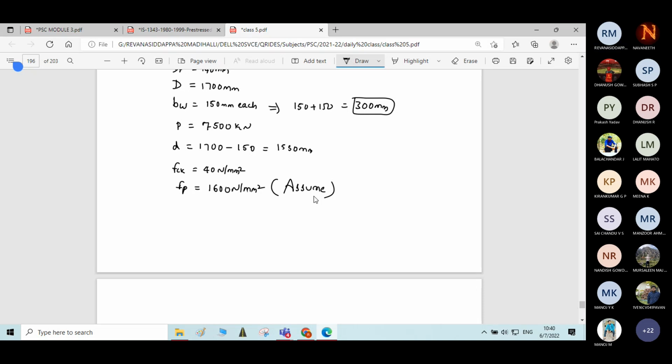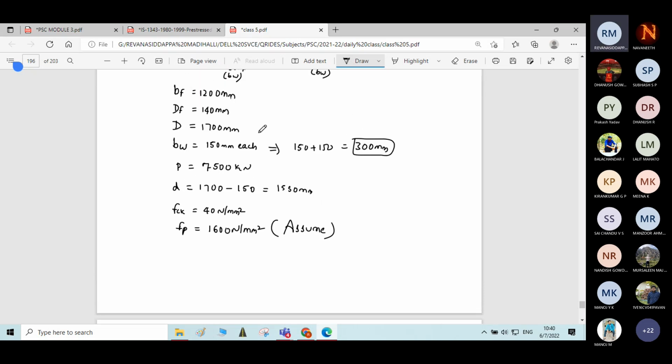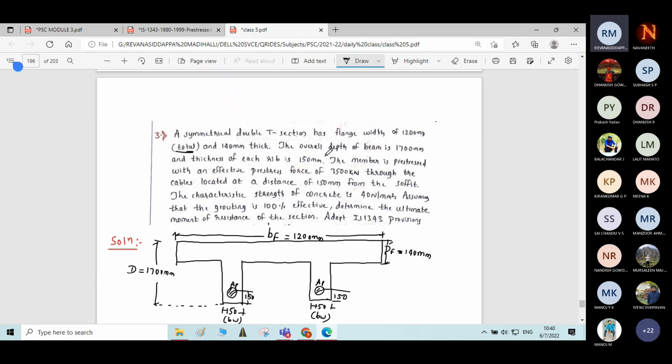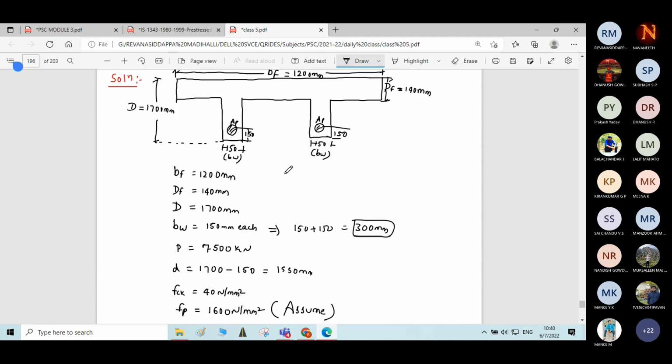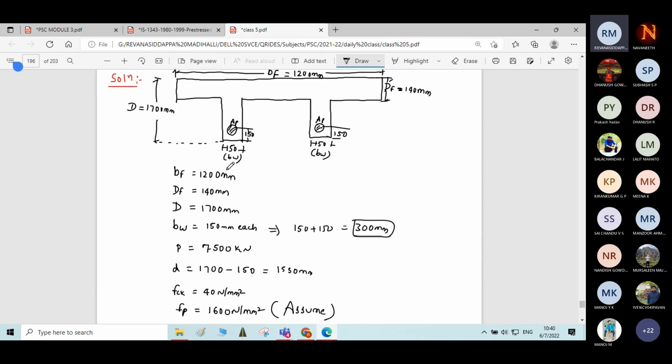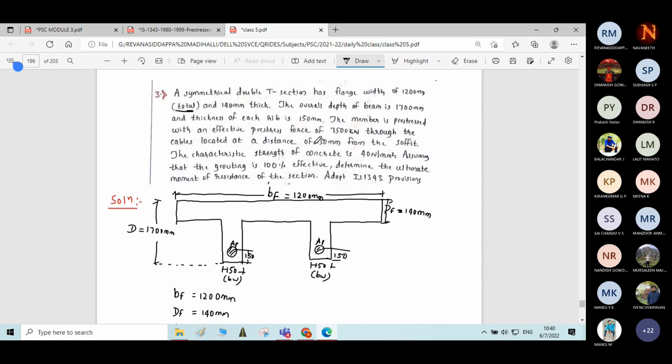Now, the prestressing force is given. P is equal to 7500 kilonewton. And area of cable is also given, I think. Area of each cable. Let me go through the problem.